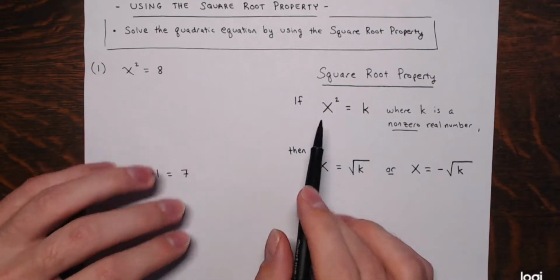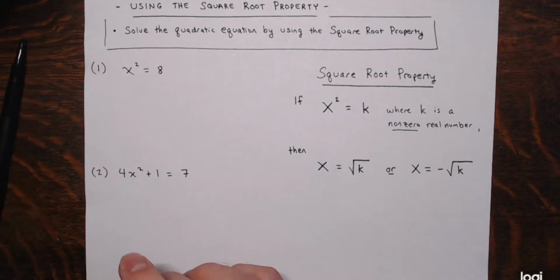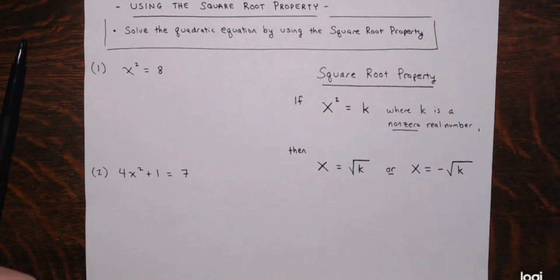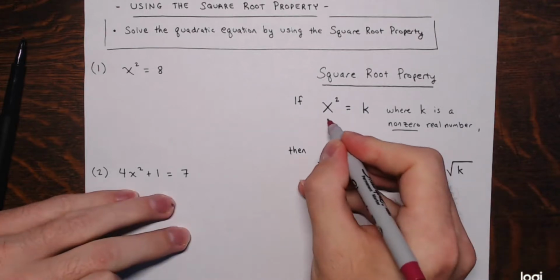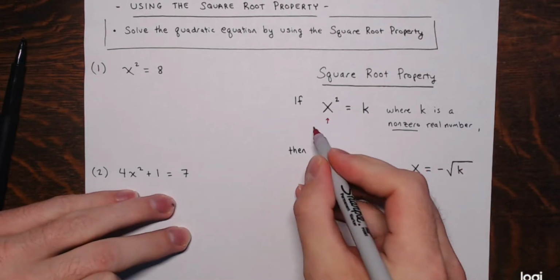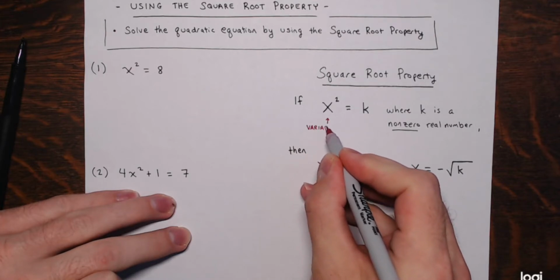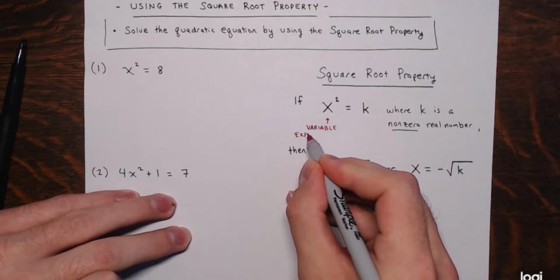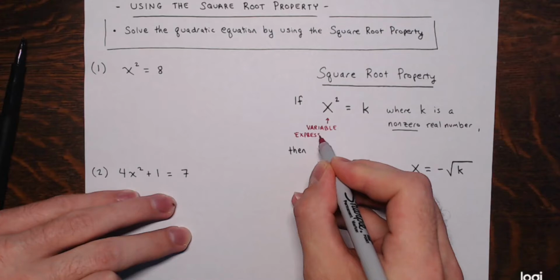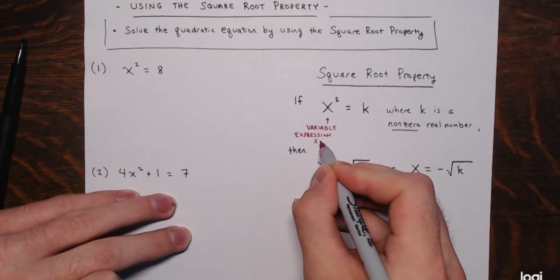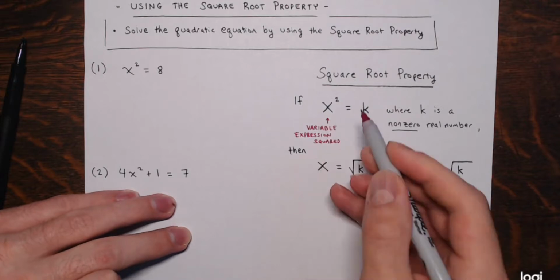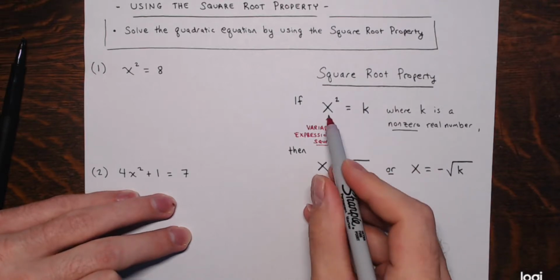So what we're going to want to try to do with all these equations is get the equation in this form, where we have a variable expression squared on one side, isolated, right?